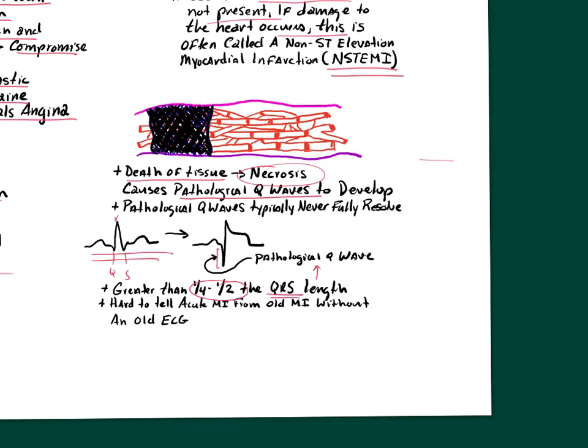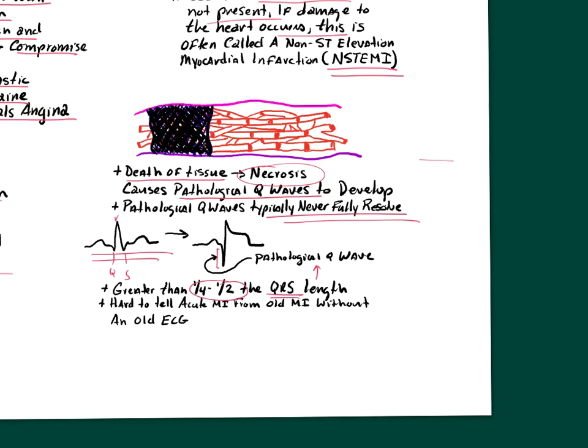Q waves indicate dead tissue. Does dead tissue in the heart tend to come back? No. So a thing you need to know is pathological Q waves typically never resolve. They typically stay for life.